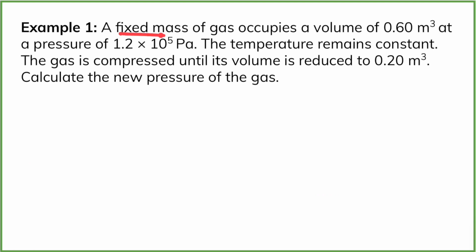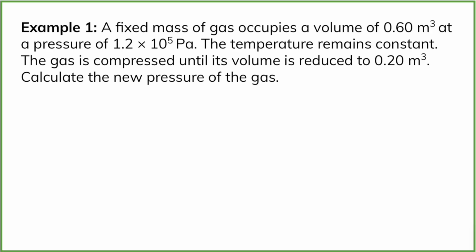So we have a fixed mass of gas and a volume of 0.6 meters cubed and a pressure of 1.2 times 10 to the 5 pascals. The temperature remains constant, and the gas is compressed until the volume is reduced to 0.20 meters cubed. Calculate the new pressure of the gas. This is where we can use P1V1 equals P2V2.